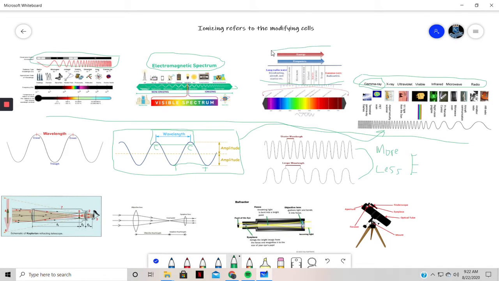But what we want to look at is this idea of, as we're going from radio waves to gamma rays, whatever direction, the frequency increases and the amount of energy increases. Now the punch doesn't get any harder. It just happens more often. Okay?